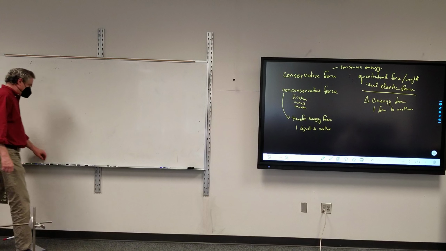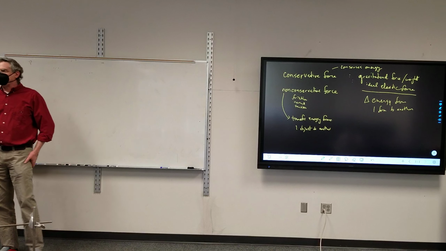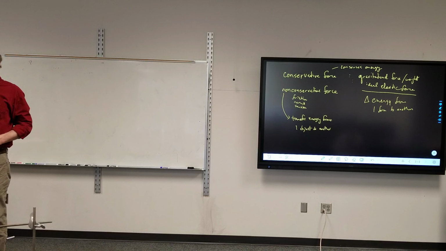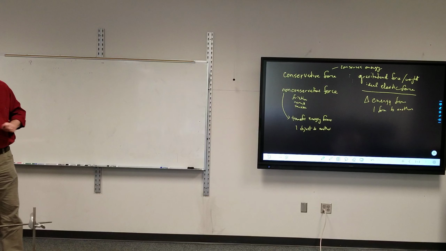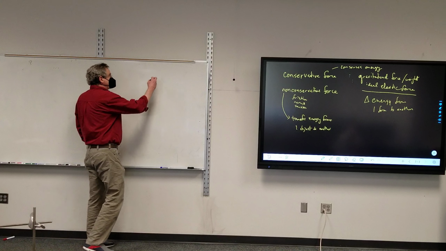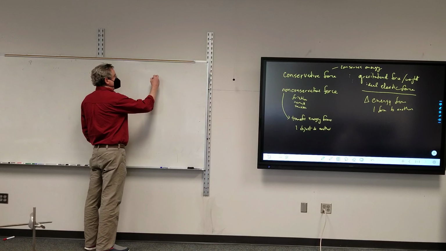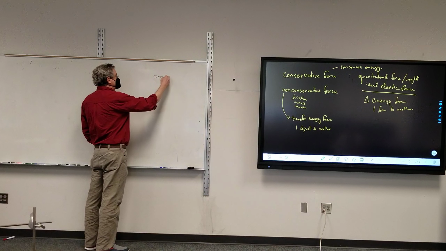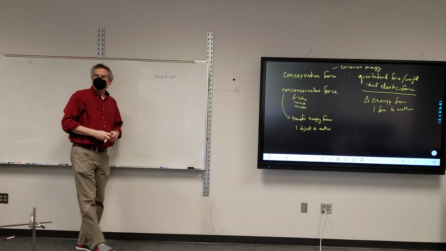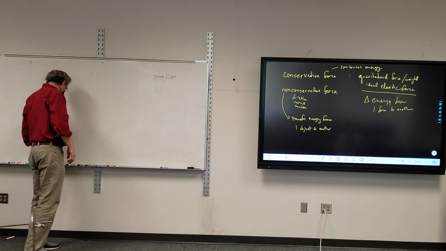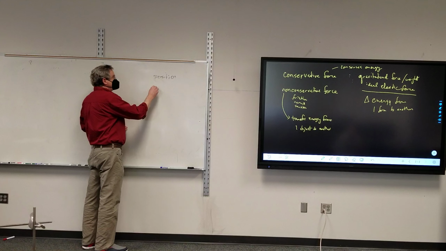All right, so let's talk about the forms. There are three things that are true about all things in classical physics, and we're doing classical physics. All objects in classical physics have a position. They are somewhere. They have a velocity.